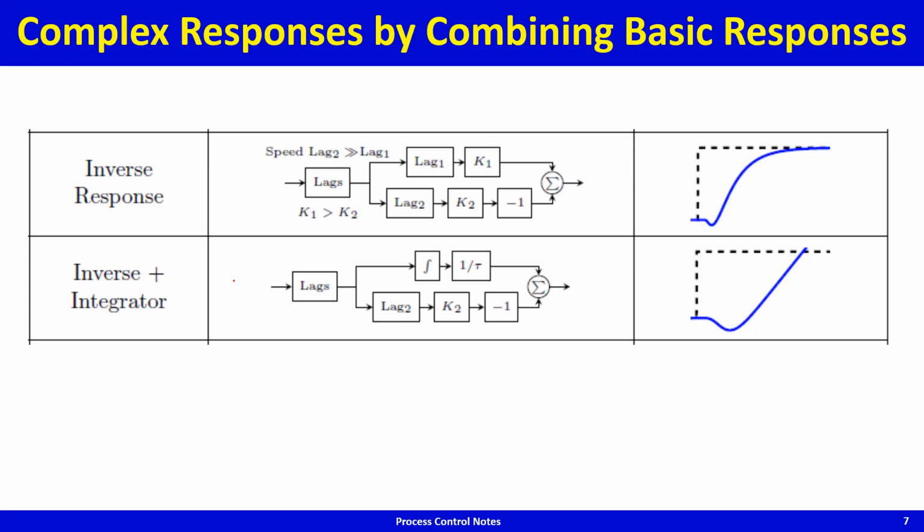So as you can see, by combining these basic response types, one can get pretty much everything of relevance for our studies, our systematic process dynamics and control studies. So it is very important to understand these basic response types, which we will do subsequently. Can you think of examples in nature that do this?